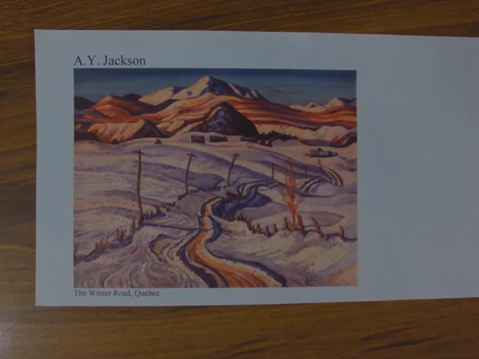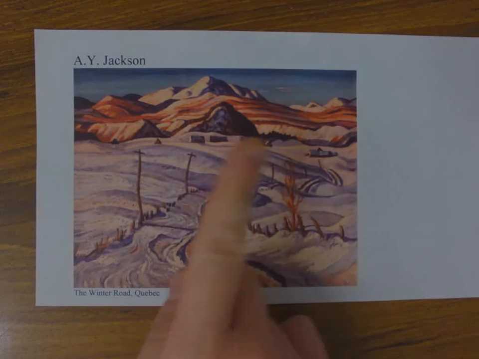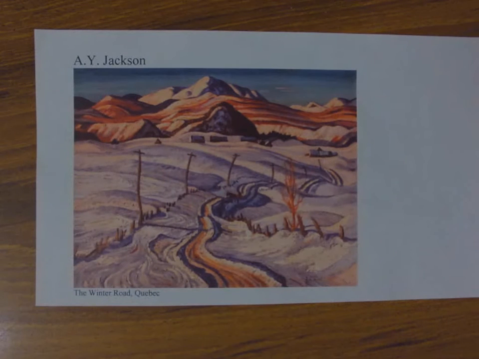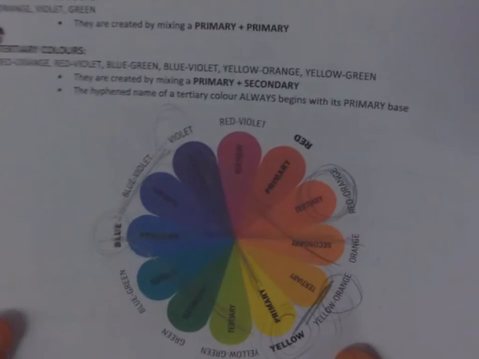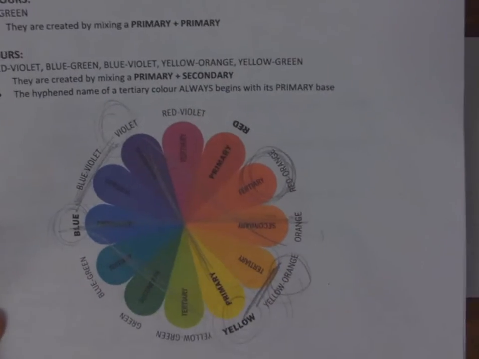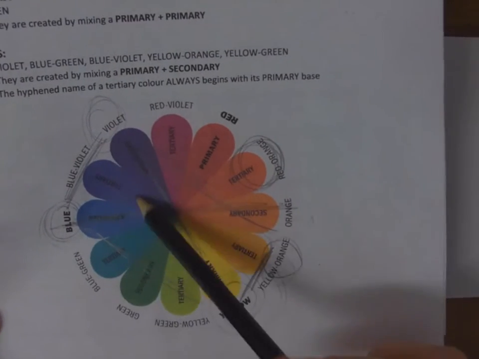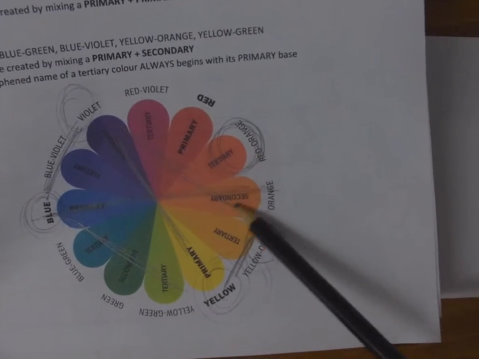Okay, so what do we see in this one? We see a lot of oranges. There's a lot of rusty shades of reds and oranges in the background. And there's a strong use of blues and violets. So if I were to go back to my color wheel now and map out where those are, I've got a strong use of blues and violets and orangey colors.